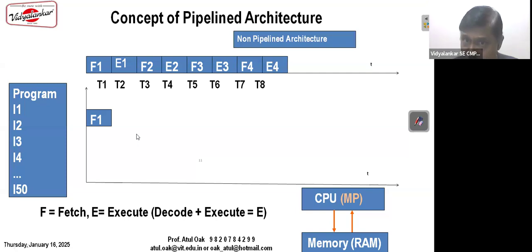But now there is a catch, which you have to hold. The catch is, when your processor is decoding and executing instruction 1, simultaneously your processor will fetch instruction 2. See this carefully.